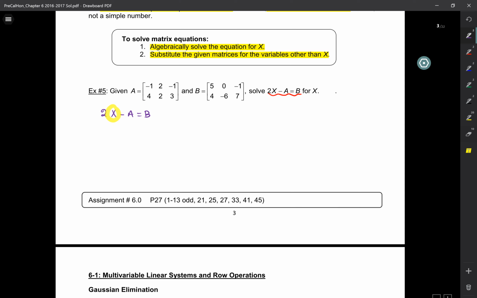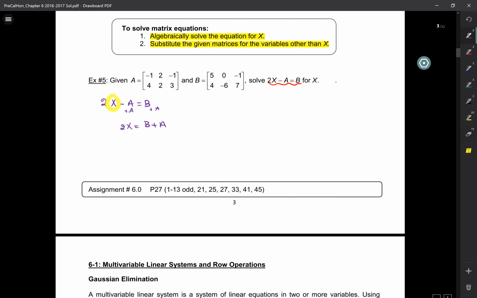All right, so let's solve this using simple algebra. So plus A, 2x is equal to B plus A. Remember, each of these, the A and the B, they're matrices. Now, when we divide by 2, x is equal to 1/2 B plus A.